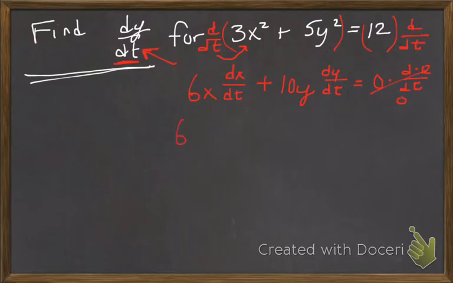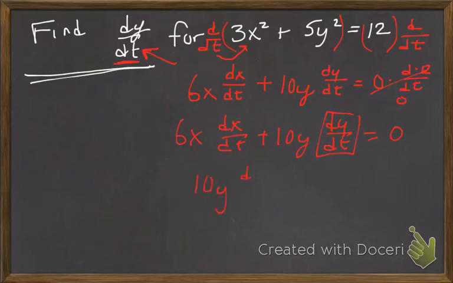So now we have 6x dx dt plus 10y dy dt is equal to 0. And we're looking for this thing here, so subtract the other term over. 10y dy dt is equal to negative 6x dx dt.